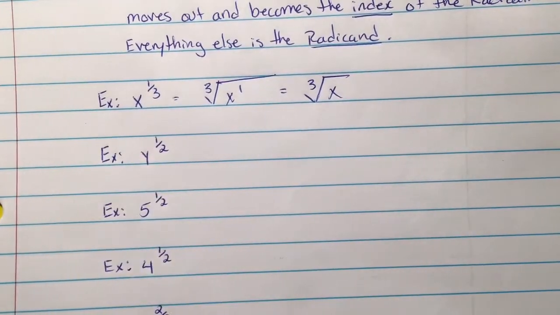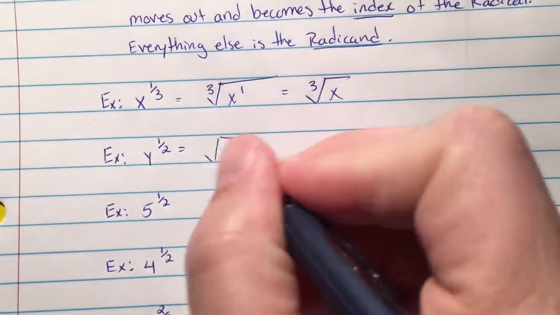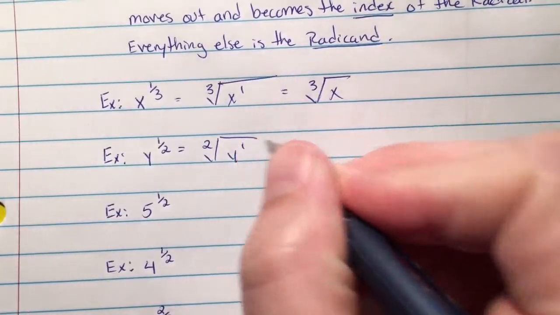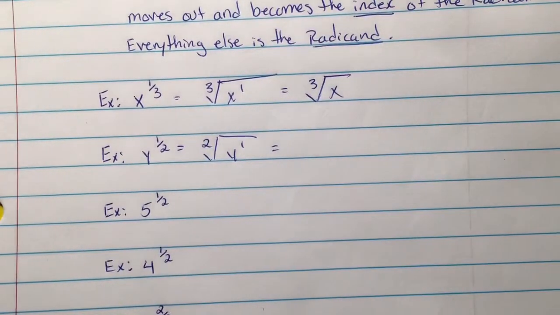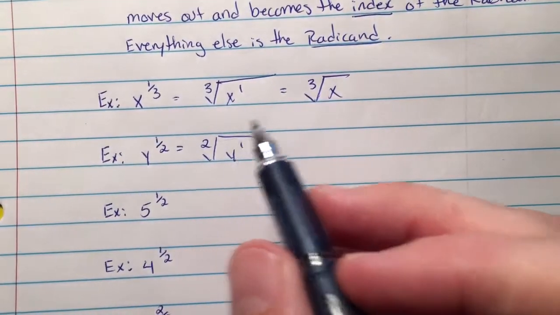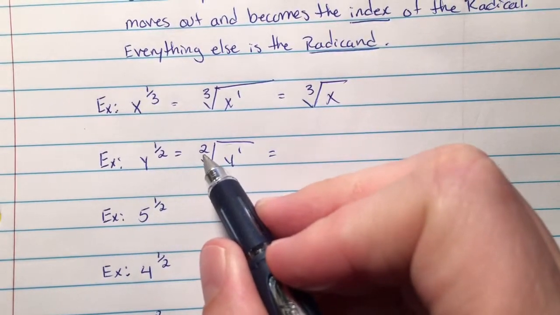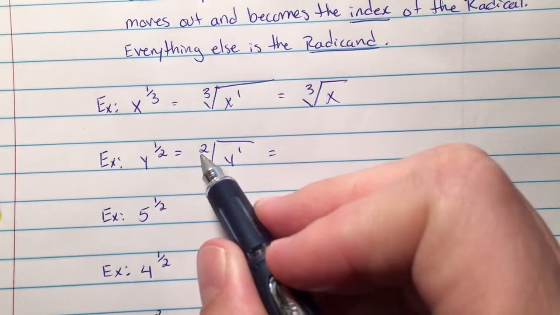Here, bottom number 2. That bumps to the outside. Everything else stays inside. Y to the first. The radical symbol is known as a square root, and this is one special case where the 2 on the outside actually isn't needed.